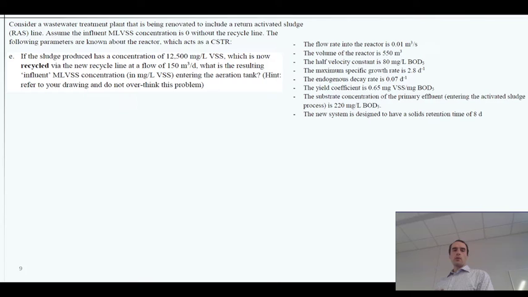If the sludge produced has a concentration of 12,500 milligrams VSS per liter, which is now recycled through the new recycle line at a flow of 150 cubic meters per day, what is the resulting influent, so this kind of a new influent, MLVSS concentration in milligrams VSS per liter entering the aeration tank?